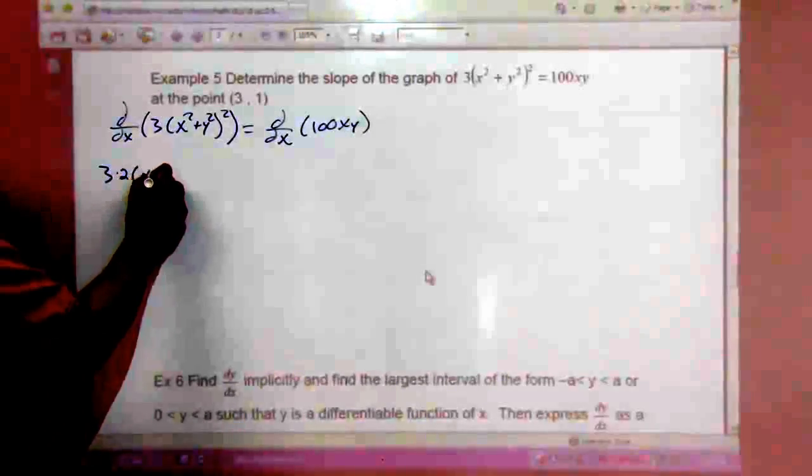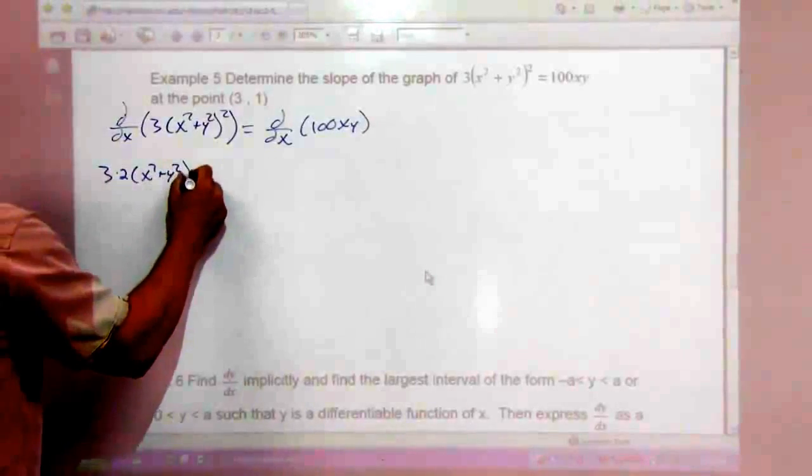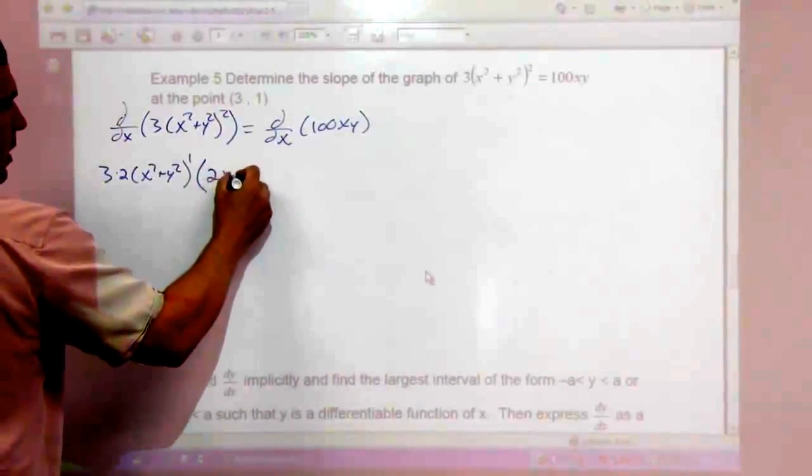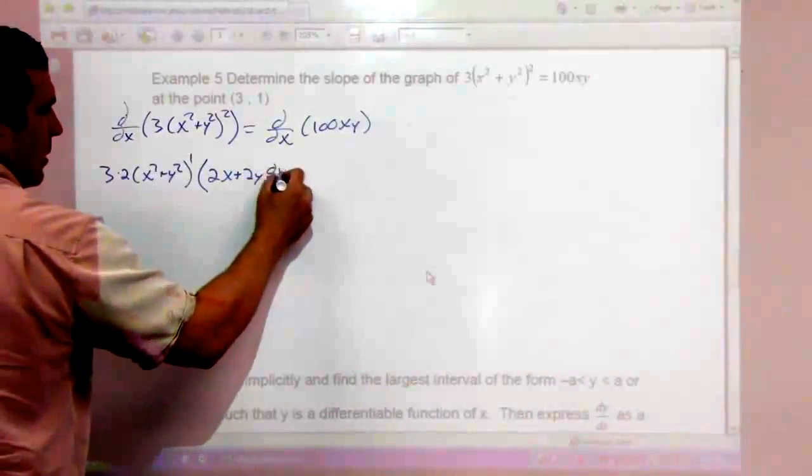So we have a product, or first a chain rule, not a product rule here. So that's 3 times 2 times (x^2 + y^2) to the 1 power times the derivative of what's inside, 2x plus 2y dy/dx.